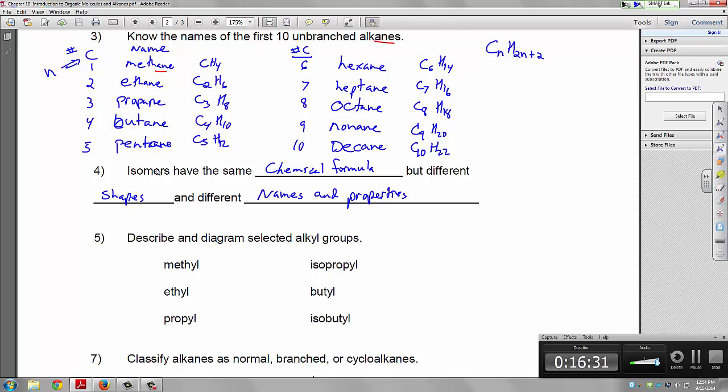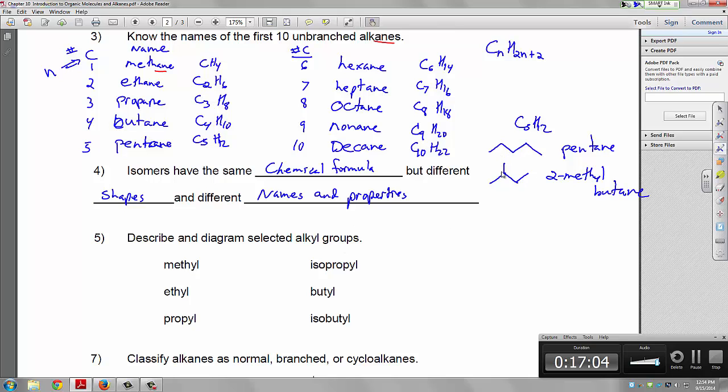So for example, we had pentane, 1, 2, 3, 4, 5, and then we had 2-methylbutane. I'm going to draw it a little bit differently. These are both C5H12. They have the same chemical formula but different shapes. They have different boiling points and melting points, and of course different names.